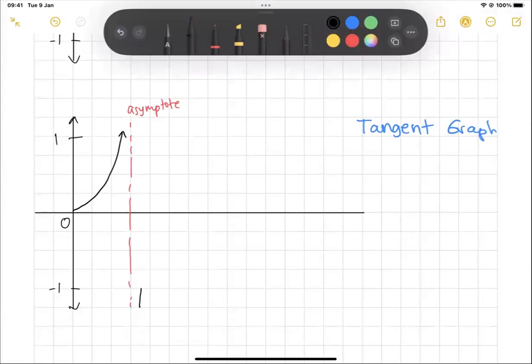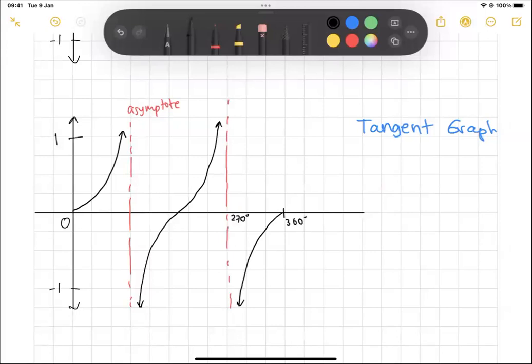Then it will continue on, passes through the x-axis at 180, and then another asymptote, which I will explain in just a second what it is. Then it passes through the x-axis again at 360. So this asymptote here is at 270. Then it passes through the x-axis at 180 degrees, and the asymptote is at 90 degrees.